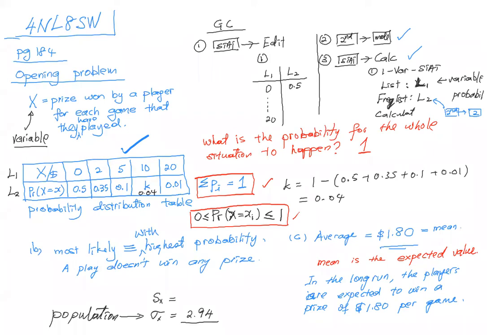Okay, so now, after you run, you talk about this, expect. That means every time I go and play this game, I expect to get $1.8 from the owner. That means the owner has to pay me 1.8. So now, can someone give the answer for part D?